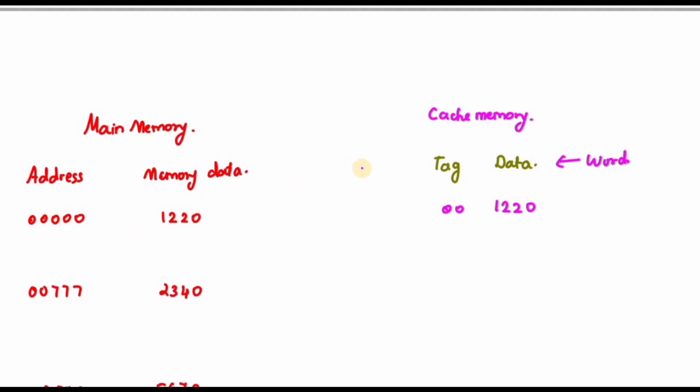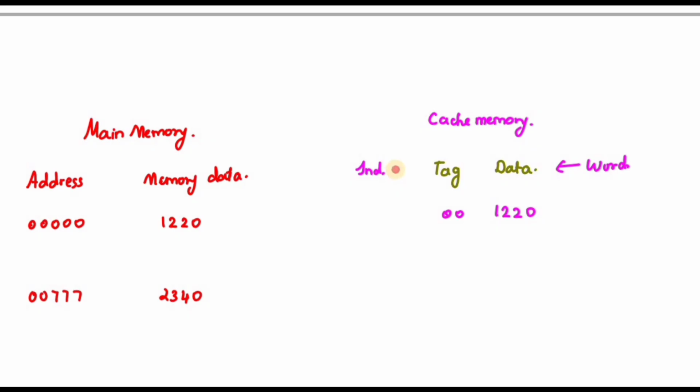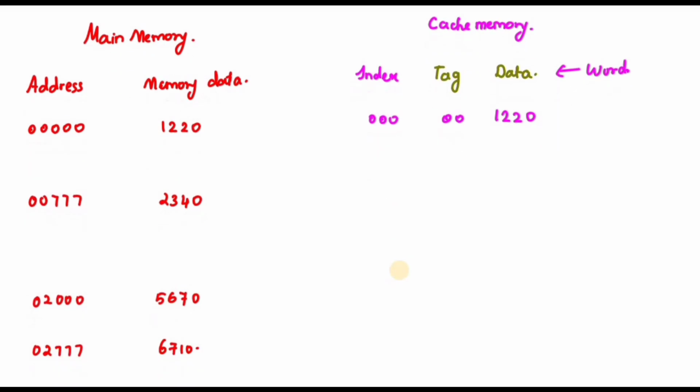This is my index field, so the index address ranges from 000 to 777. For index 000, this is my tag, 00, and the data gets stored as 1220.